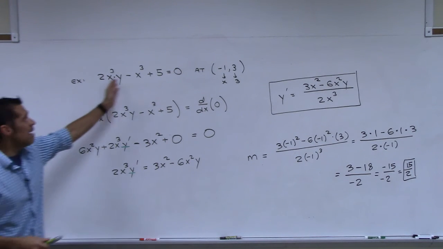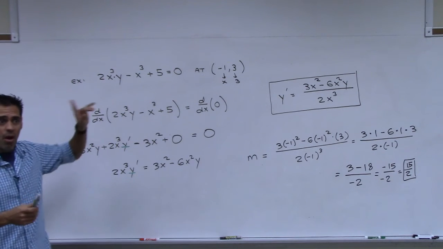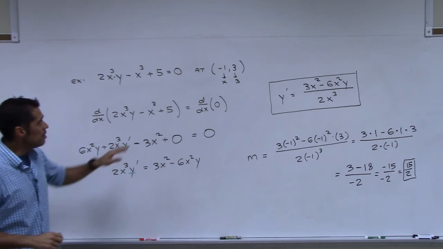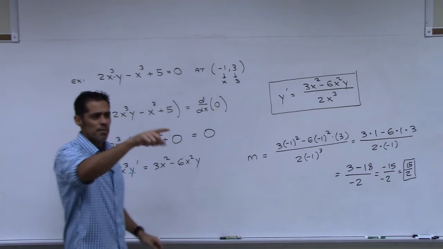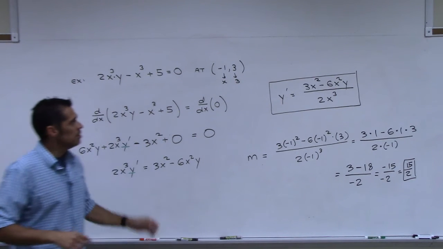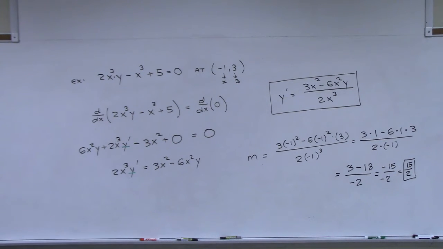So if we were to graph this curve, and if we were to draw it, and we were to go to this point, -1, 3, can you turn on the projector, top left? If we were to draw that graph and then go to the point -1, 3, we should see a line there. Should that line be sloped up or down? Up? Up a lot or not a lot?